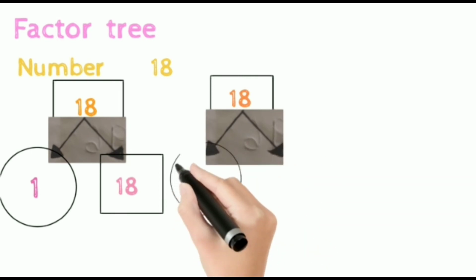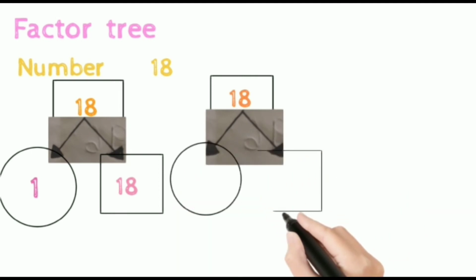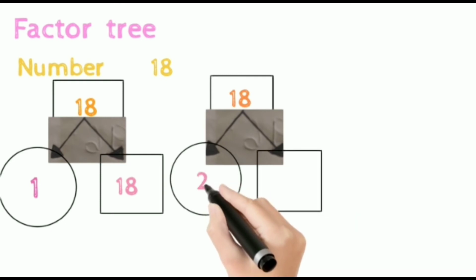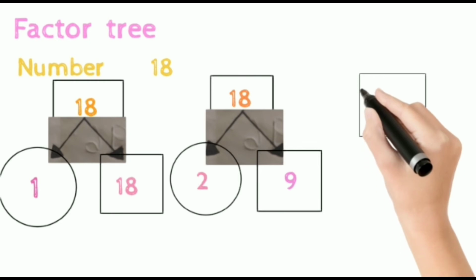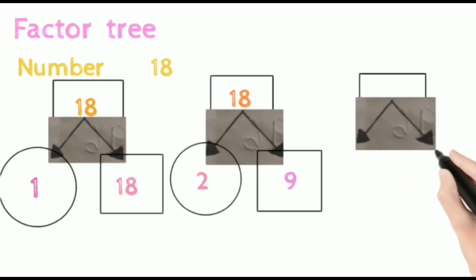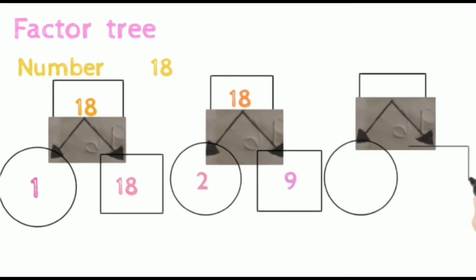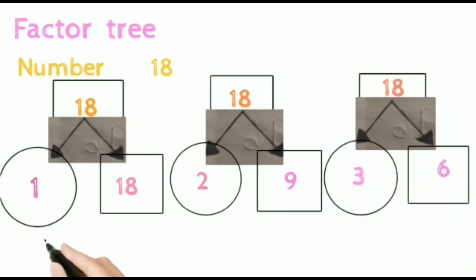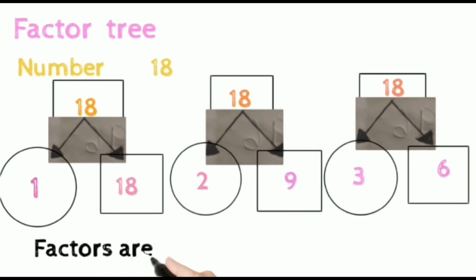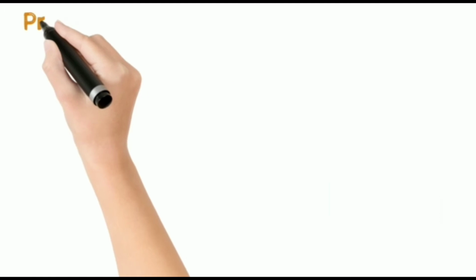Again we will write 18. Then the factors are 3 and 6. Here we made the factor tree of 18. The factors are 1, 18, 2, 9, 3, 6.